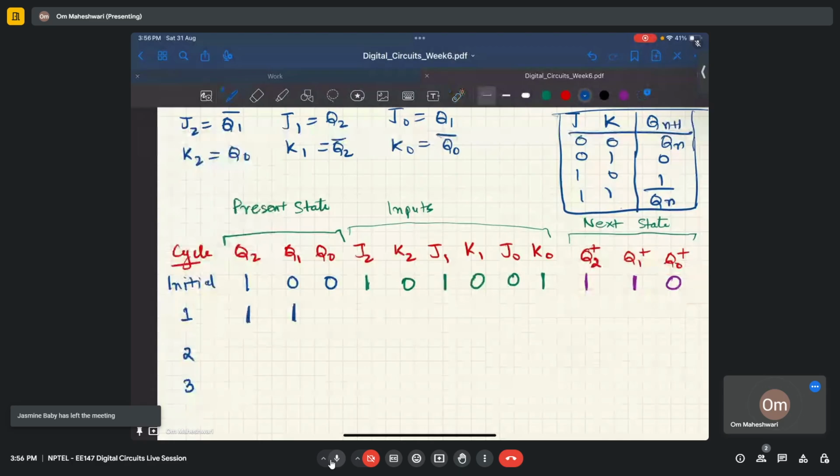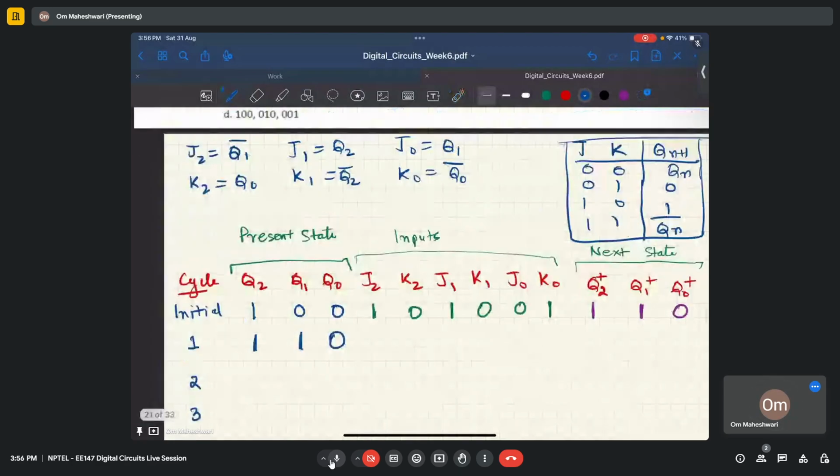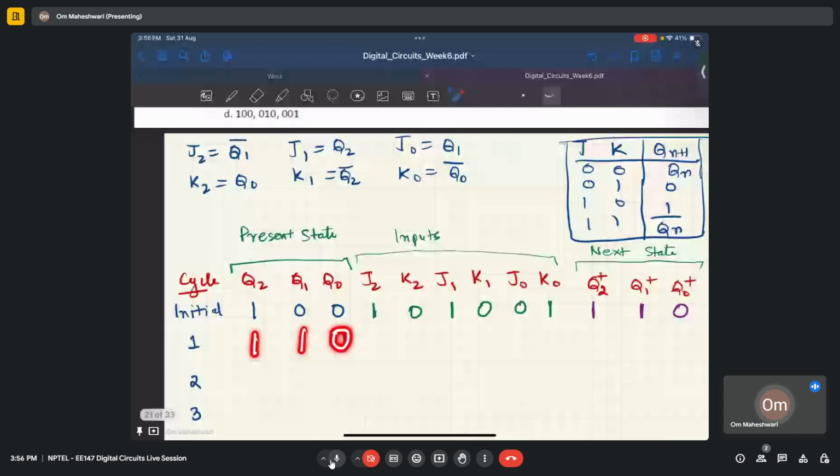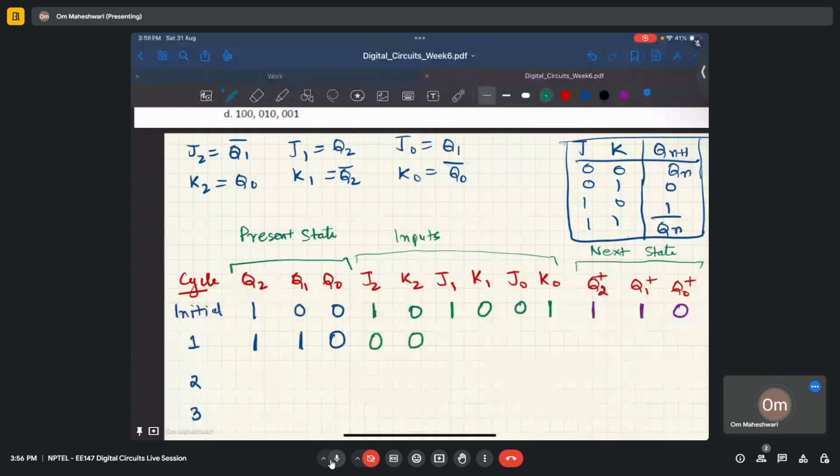When we have 1, 1 and 0 as the present state, then we have to write these combinations again with the help of these. So when J2 is Q1 bar, Q1 bar is 0, K2 is Q0, Q0 is 0, J1 is Q2, K1 is Q2 bar, and J0 is Q1, K0 is Q0 bar. So now again we have 0, 0, 0, 0.